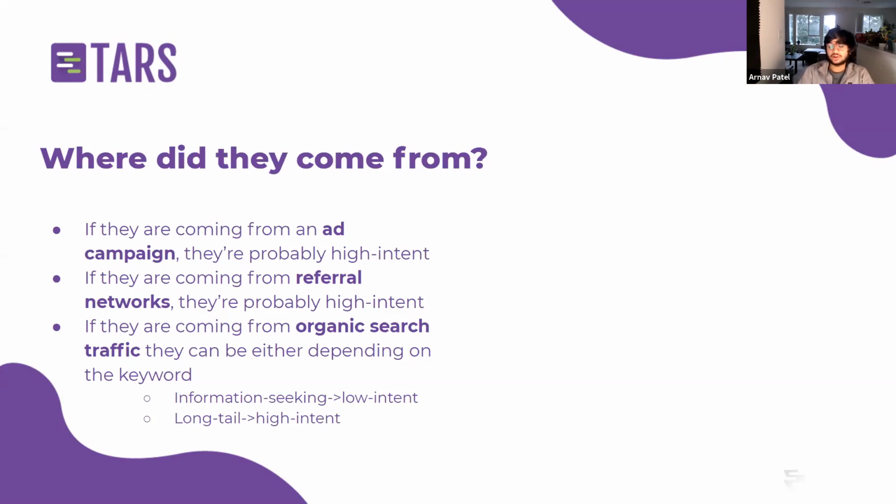If people are coming from your referral networks, now this is particularly salient in industries, again, like mortgage, where you have referral partners like real estate agents, CPAs, insurance brokers. If you have referral agents and they're sending people your way, they're probably high intent. They've already spoken to someone and they've essentially gotten pre-qualified as a lead, not for the loan.